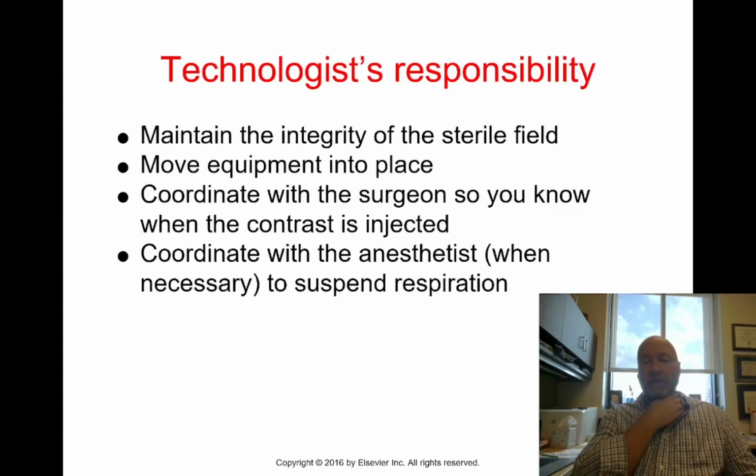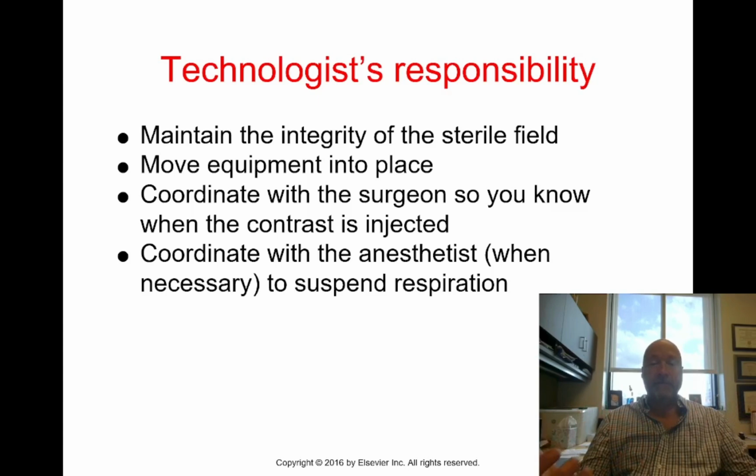So what our job is to, number one, if you ever find yourself in surgery, don't compromise the sterile field. So we want to maintain the integrity of the sterile field. We're going to have some heavy equipment we're going to bring in, be it a C-arm or a portable, either one. The C-arm, you may have to have some sort of drape on the C-arm. You may have to have some sort of drape on the portable.